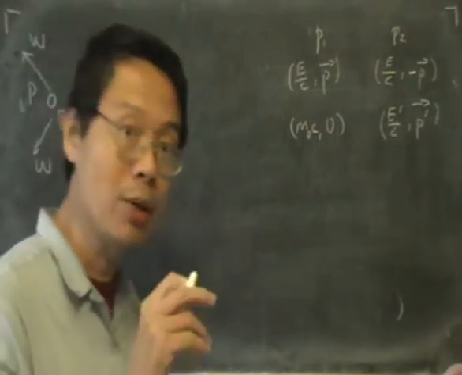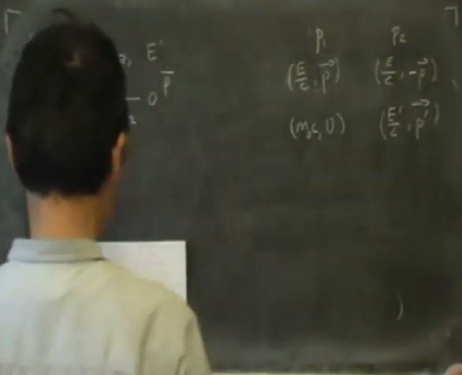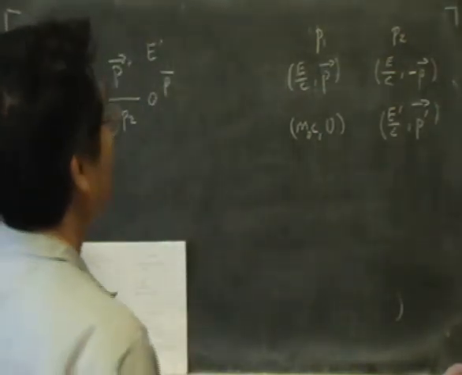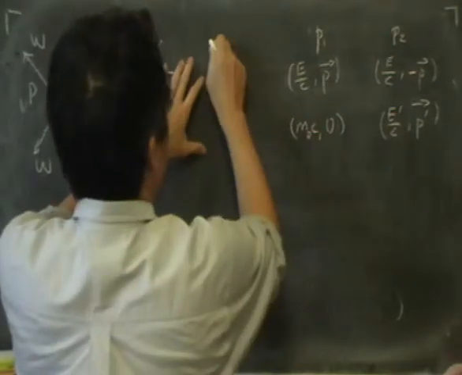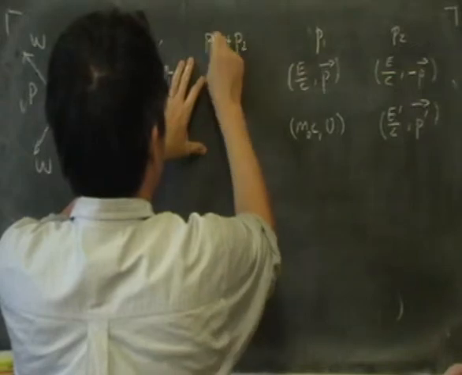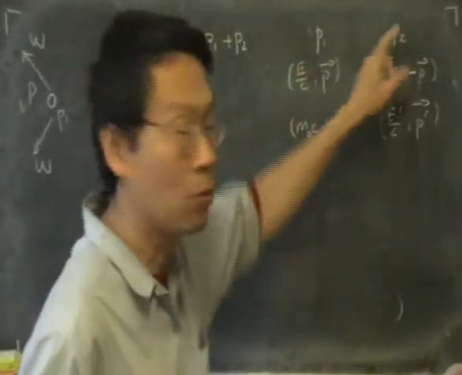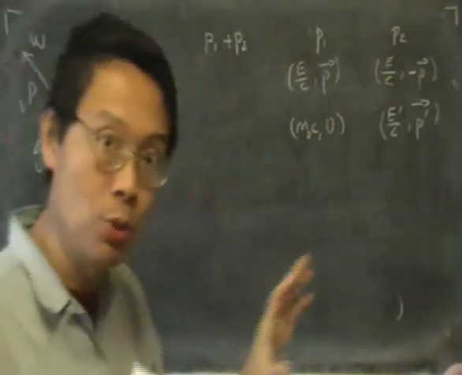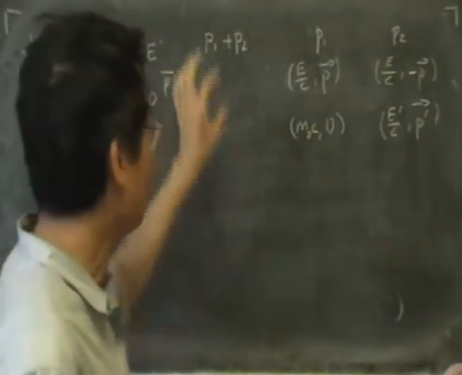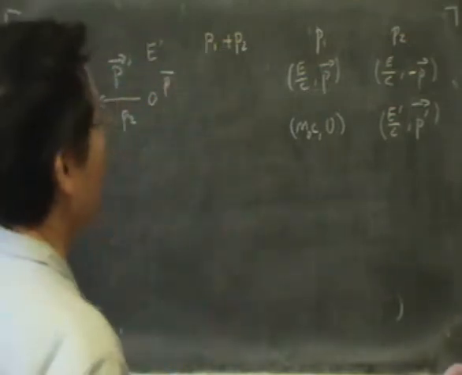Now there is one way out. This is something that just happens to work in this case, which is that we could consider P1 plus P2. We could consider adding those two four momenta. If you add two four momenta, the result is still a four momentum, because it's just a linear sum.